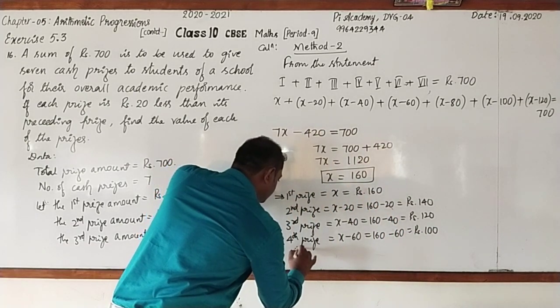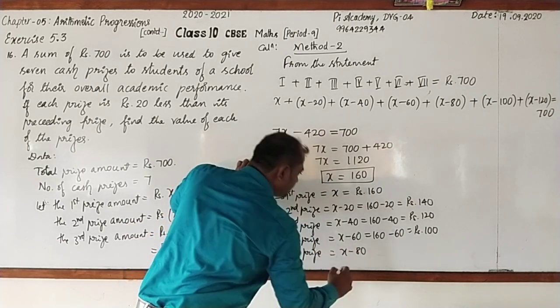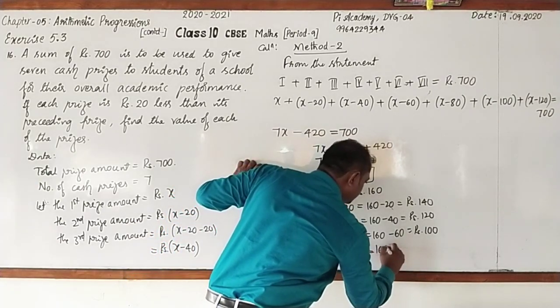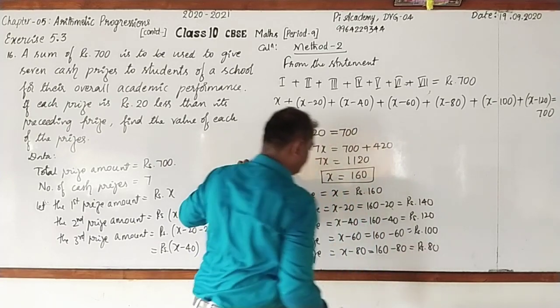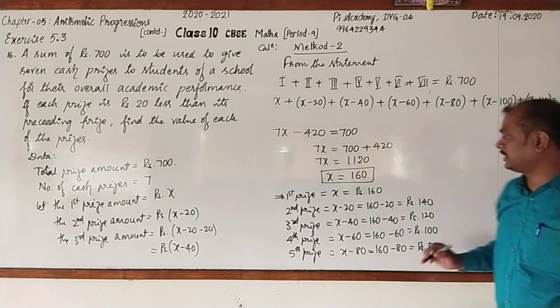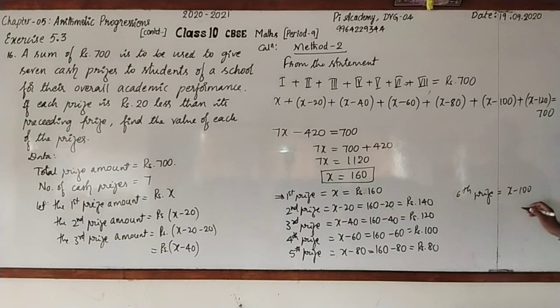Then fifth price is X minus 80 is equal to 160 minus 80 is equal to rupees 80. Next, sixth one I'll write. Sixth price is equal to x minus 100. It is equal to x is 160 minus 100.